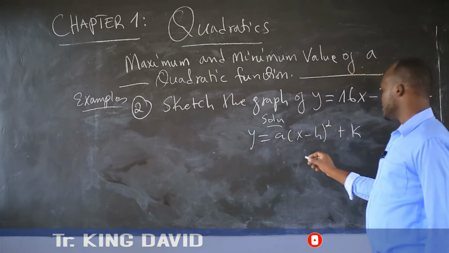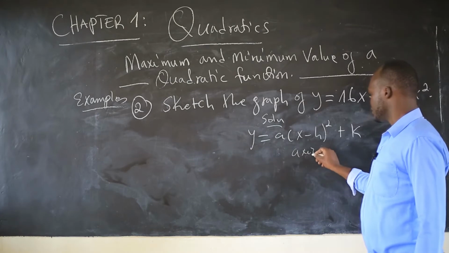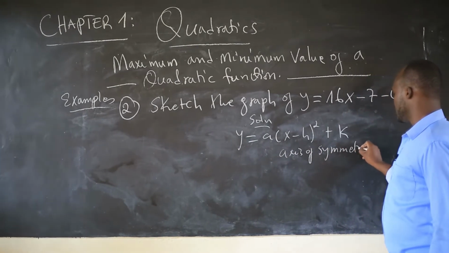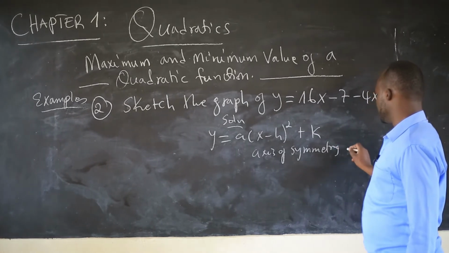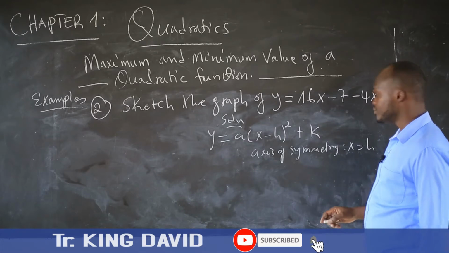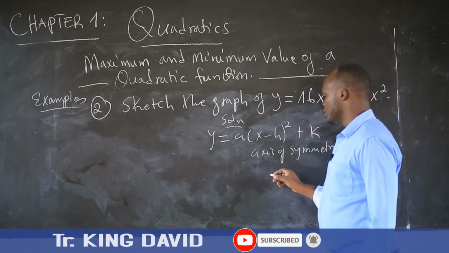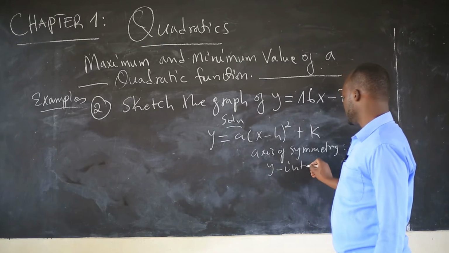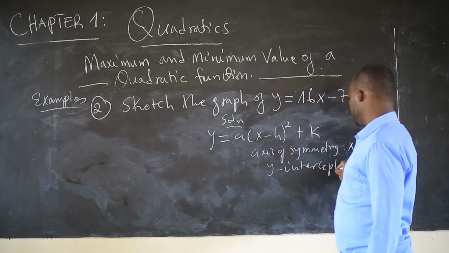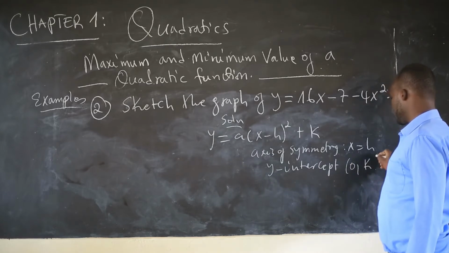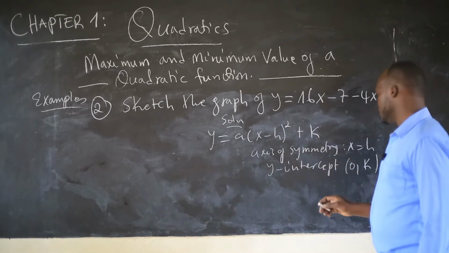so when it's like that, the axis of symmetry is x equal to h, this h, and the y-intercept is 0, k, this k.